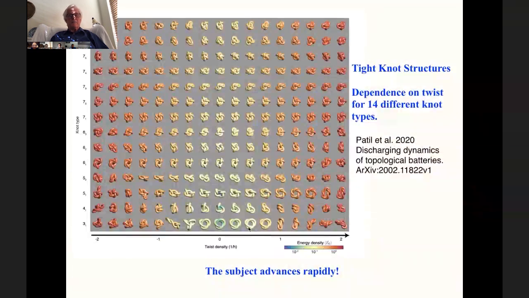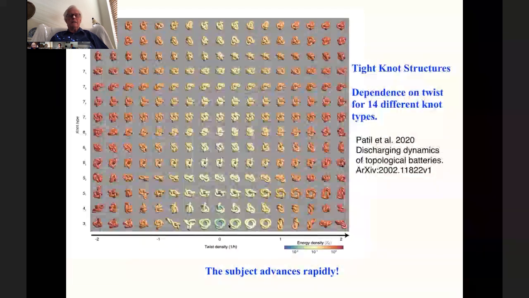Here is the simplest trefoil knot, again showing the minimum helicity according to this, the minimum energy according to the color scale here, off center, and moving rather differently in the two directions as helicity changes.